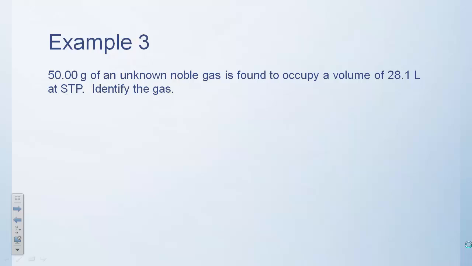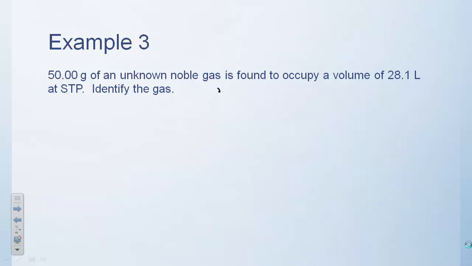So we're asked to find this gas, and we're told we have 50 grams of the gas and it occupies this volume, and we're also told the temperature and pressure. In this case, if we want to identify the gas, it'd be a good idea to identify the molar mass of the gas. We know it's a noble gas, so we know it's going to be a group 18 gas.